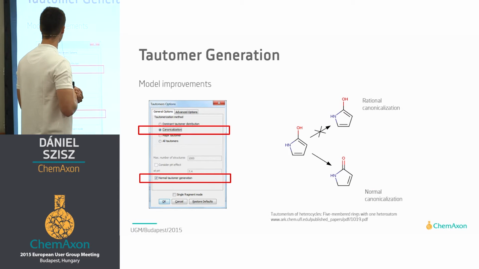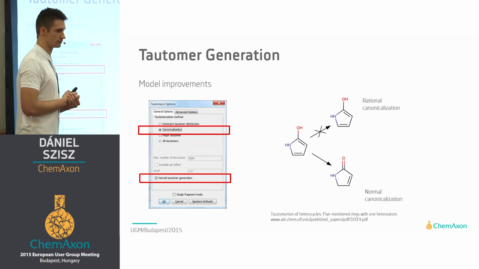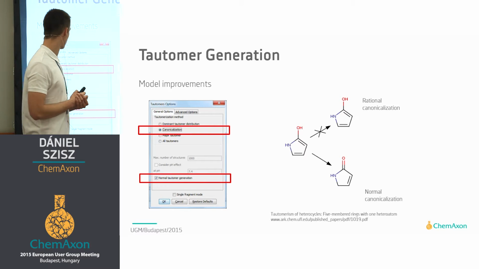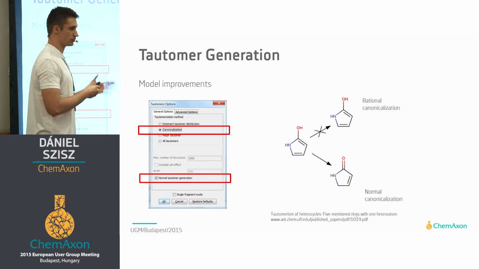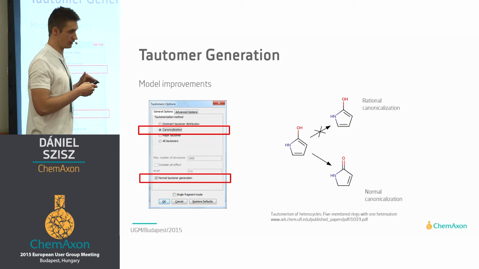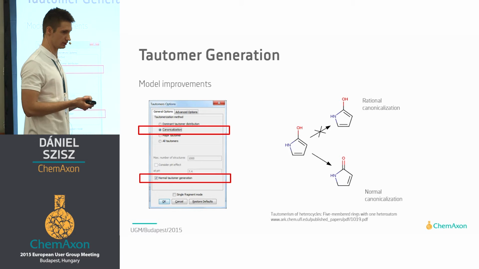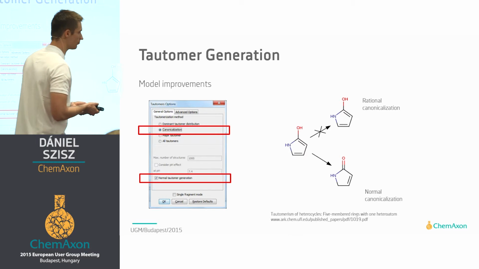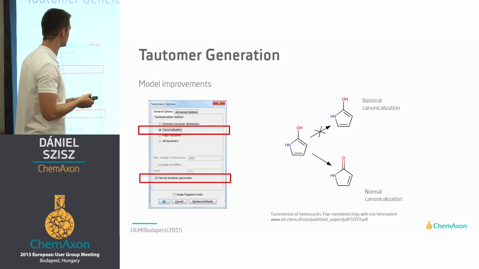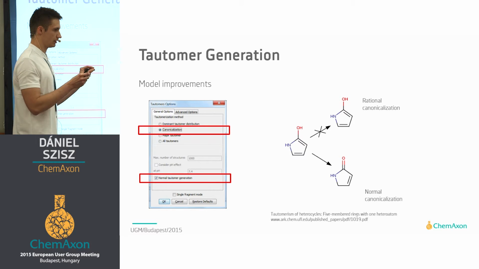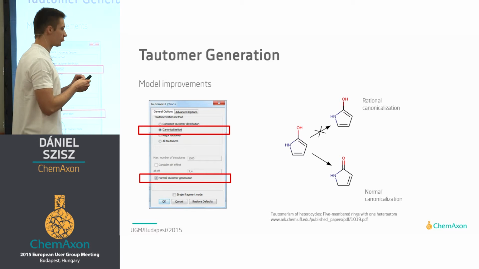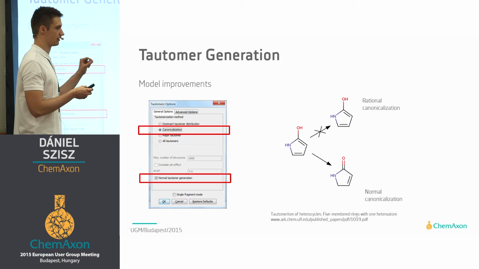The next one is tautomer generation, which was quite a crucial thing for us to do, and we also developed the available methods and the model behind the prediction. The main focus was to better separate the so-called canonical tautomer generation, which gives back a very good representation of the whole tautomer set of the molecule.